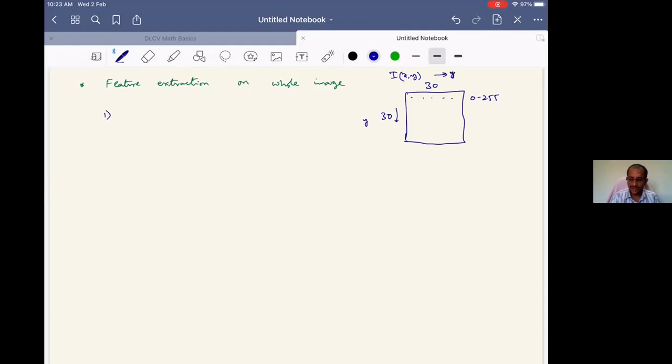Different books consider it differently, so for the time being I have just written x and y like this, to be familiar with the conventional notation. I of x comma y is in the range 0 to 255. Now given this information, what kind of features do you think we can extract from this image?